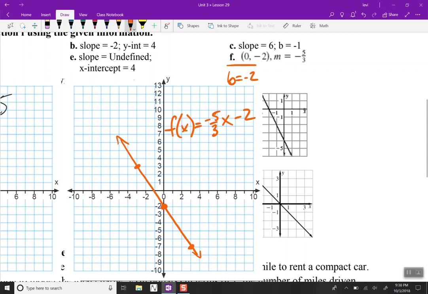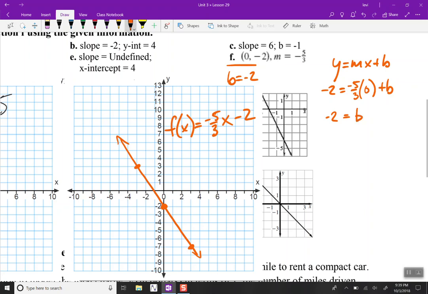The other way we could do that is algebraically, right? y equals mx plus b, and it's going to kind of go away early because our x value is 0, but you'll get the idea. So y substituted in is -2 equals m, -5/3, times x, 0, plus b. And now -5/3 times 0 is 0, so this is -2 equals 0 plus b.